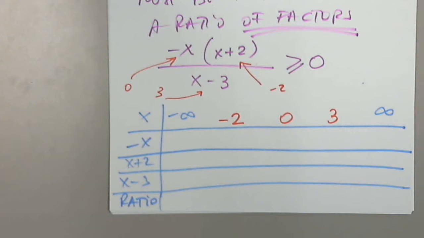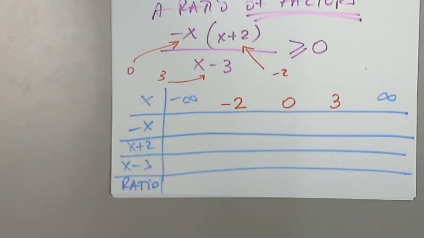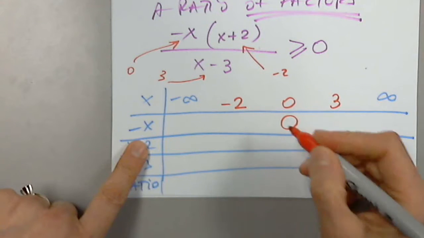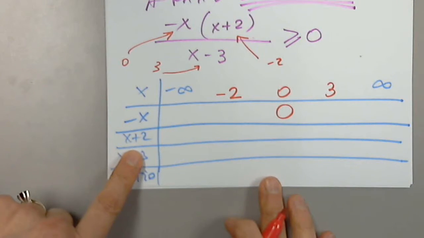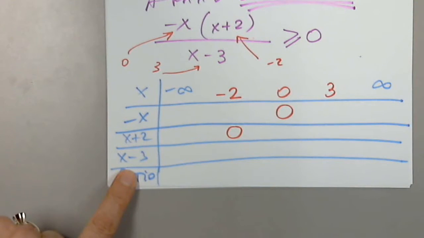Good. What will be my next step then? Yes. So for negative x, where do I put its 0? Under 0. For x plus 2, where do I put its 0? Under negative 2. For x minus 3, where do I put its 0?